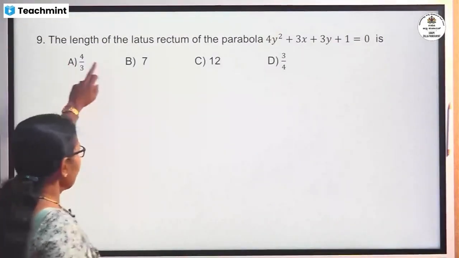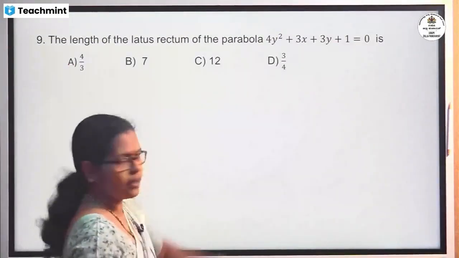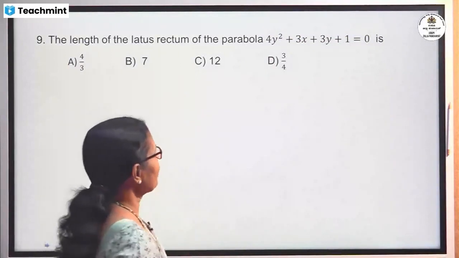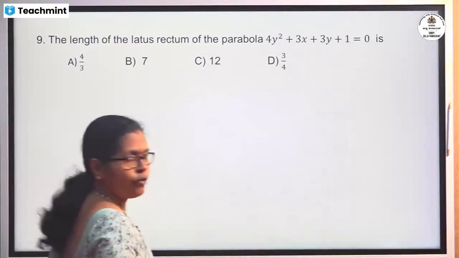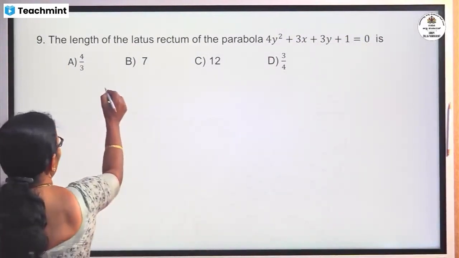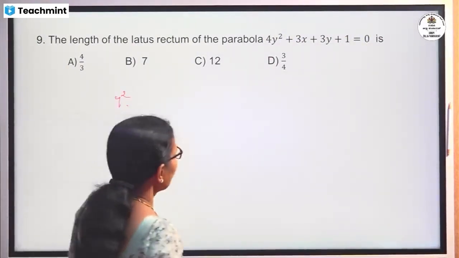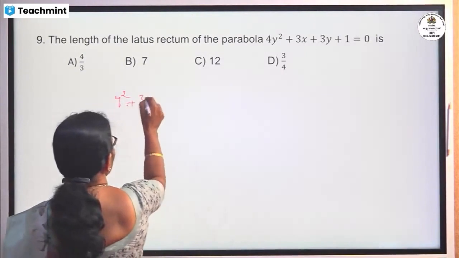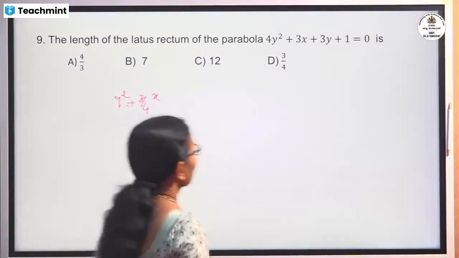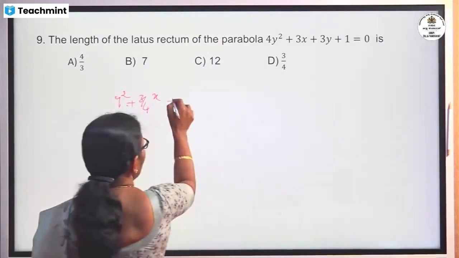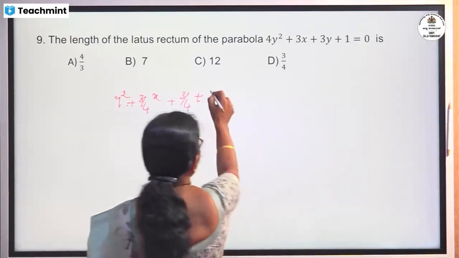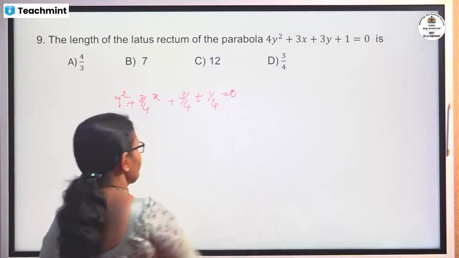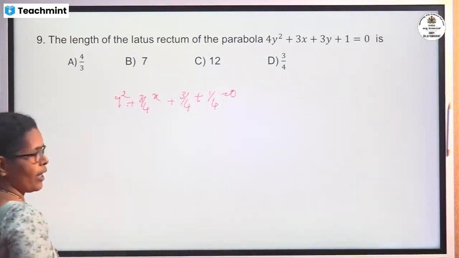Next, find the length of the latus rectum of the parabola. First, we have to write the equation of the parabola divided by 4. Then we get y square plus 3 by 4x plus 3 by 4y plus 1 by 4 is equal to 0, which is the equation of the parabola.